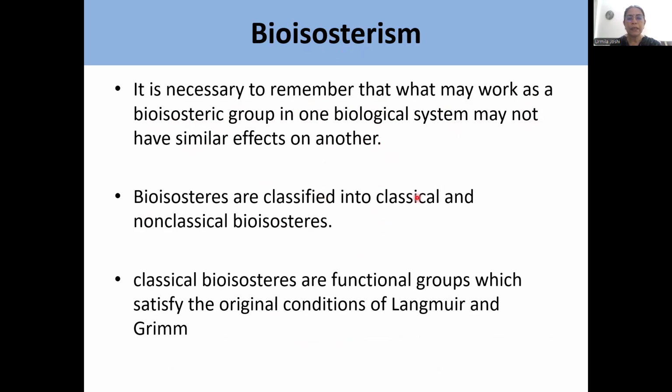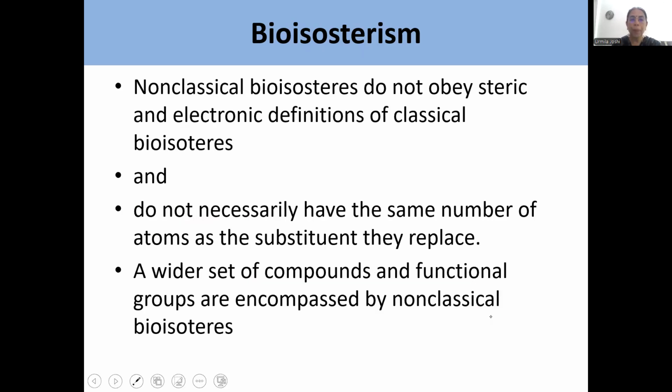Now, bioisosteres are classified into classical bioisosteres and non-classical bioisosteres. The classical bioisosteres are functional groups which satisfy the original condition of Langmuir and Grimm. We will see the example of classical and non-classical after this slide.